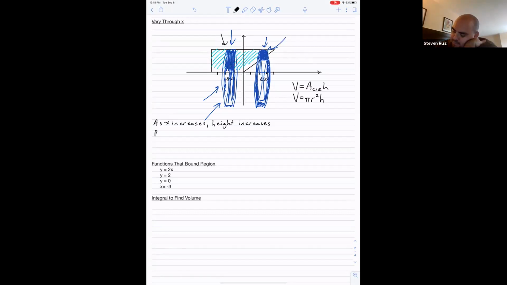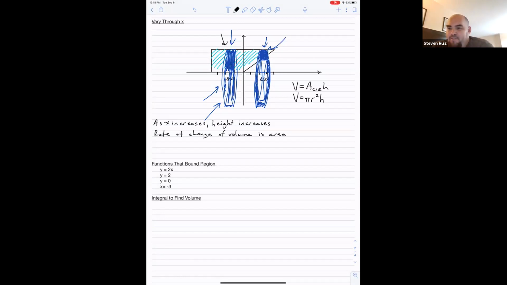So the rate of change of volume is area. But now we have to figure out what area we're talking about. So we're moving to the right and I'm adding, now I'm back at area, so let's talk two dimensions.